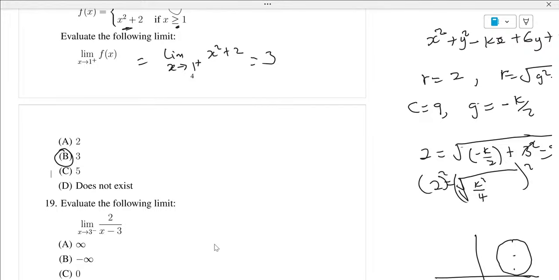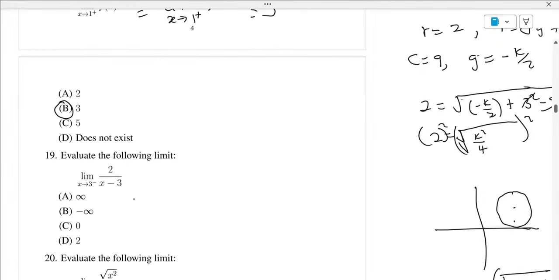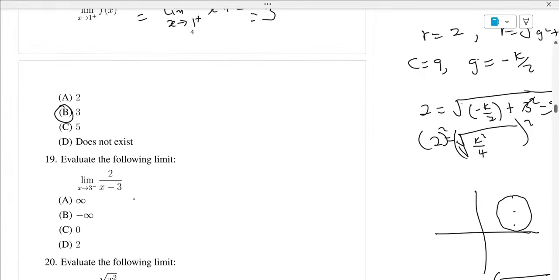All right, so let's see. From here, as we know that for limits, it is not the number at the point that we are interested in, but actually the behavior of the function as it approaches that particular number.